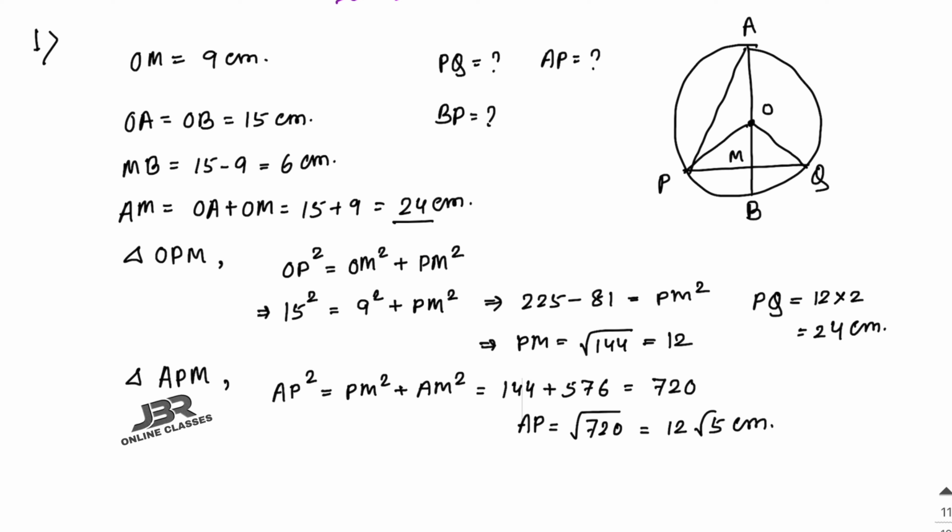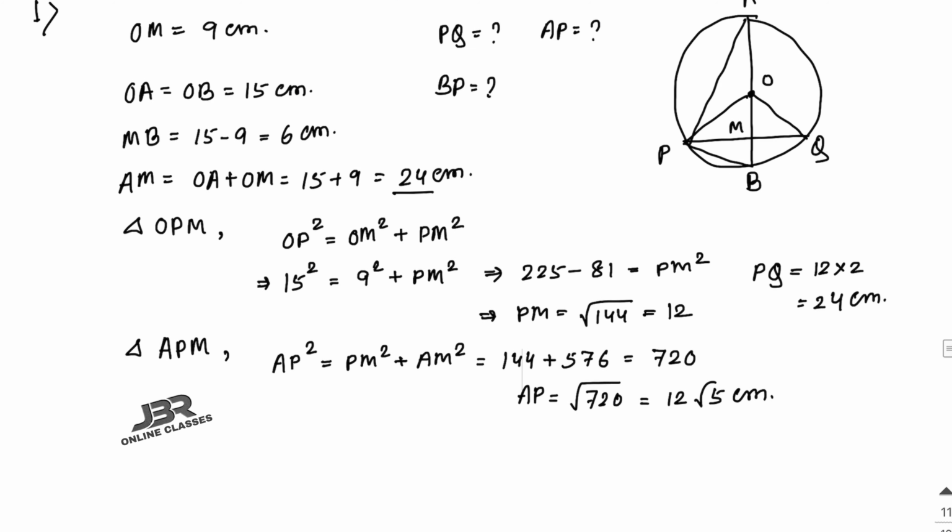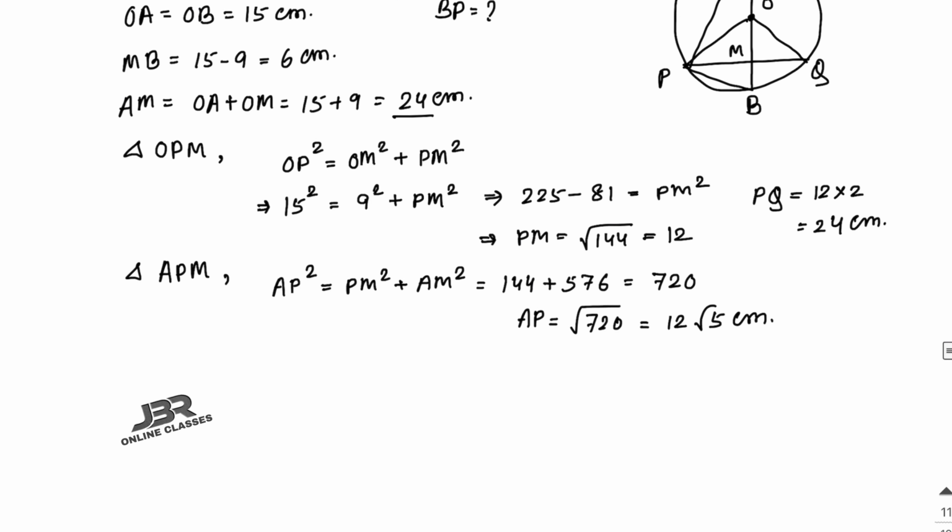Now you have to find out the length of BP. Again a similar kind of problem, by Pythagoras theorem. From the triangle PMB, PM square plus BM square is equal to BP square.